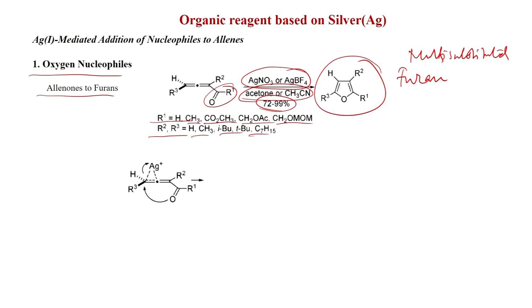Here in the allene generally the terminal double bond reacts, because of steric reasons. So, in the allene there are two double bonds, and now silver will coordinate to the terminal one, and this is only possible here.